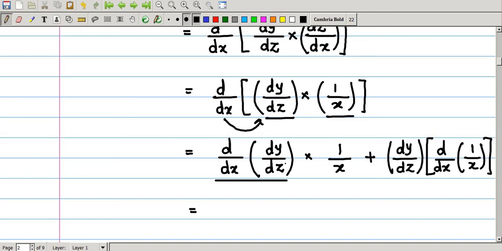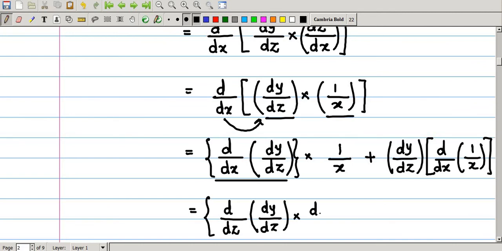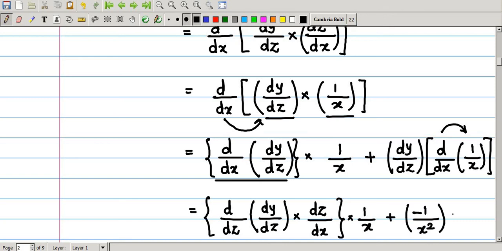So since y is differentiated with respect to z, we apply chain rule for this derivative, which is nothing but derivative with respect to z of dy by dz into derivative of z with respect to x, and this 1 by x as it is, plus if you differentiate 1 by x, that value will be minus 1 upon x square into derivative of y with respect to z as it is.